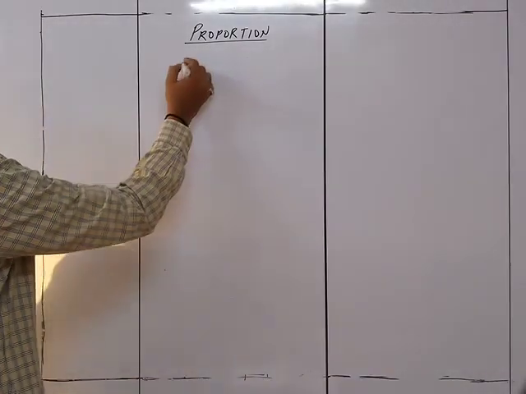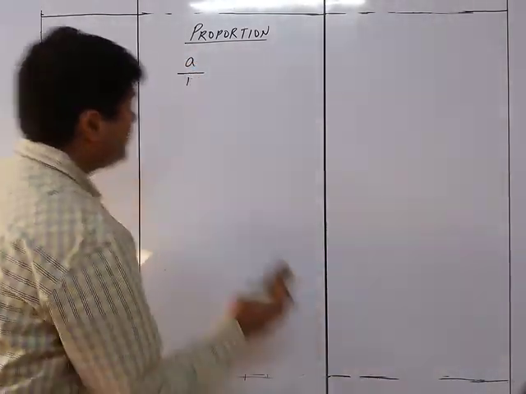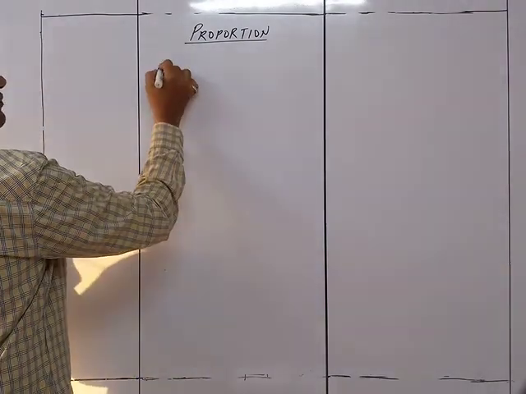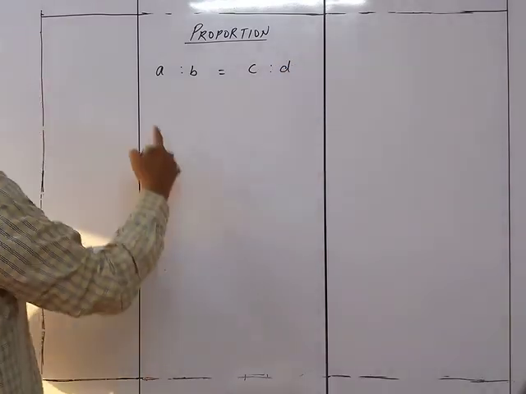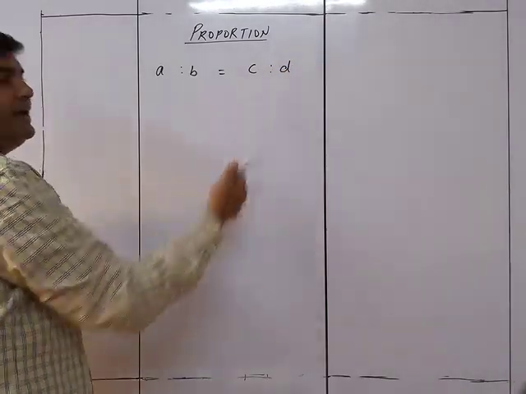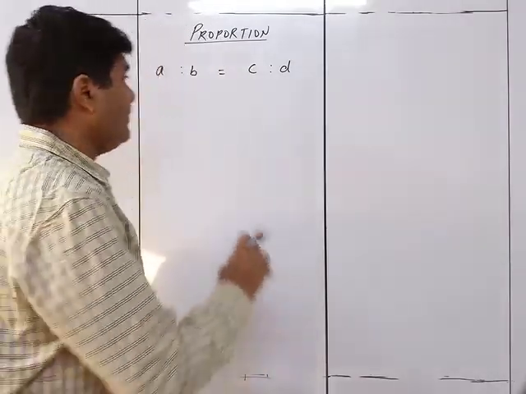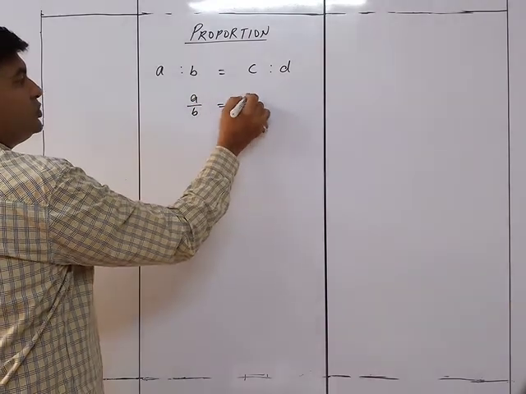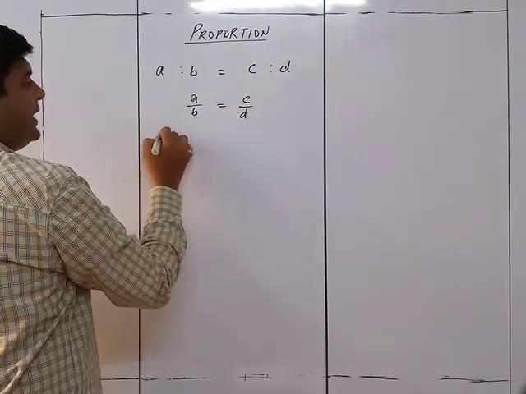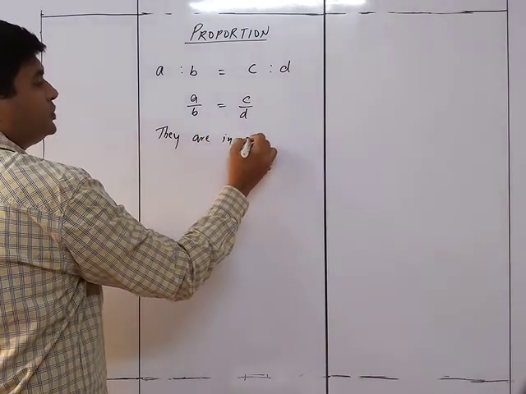So if A is to B is equal to C is to D, then I can say that A, B, C and D are in proportion. So when A upon B is equal to C upon D, then they are in proportion.